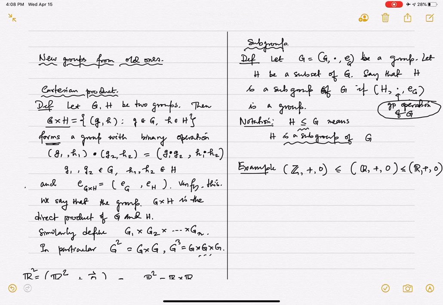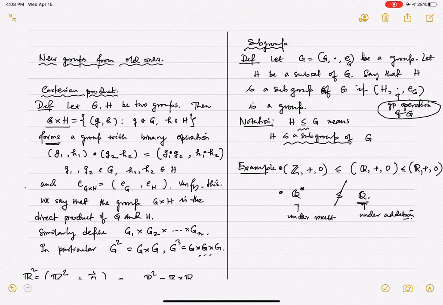But maybe I should emphasize that the non-zero rational numbers is not a subgroup of the rational numbers, because this is a group under multiplication, and this is a group under addition. So when I say subgroup, you have to borrow the operation from the big group. Just being a subset is not enough.